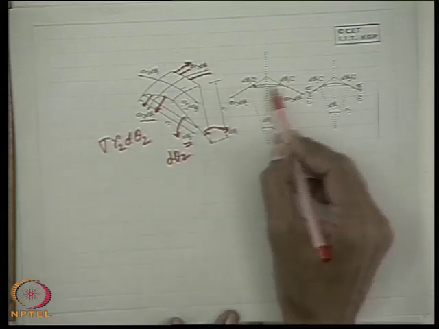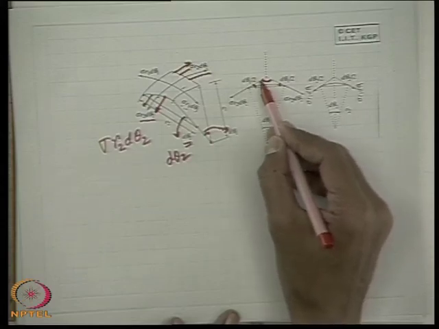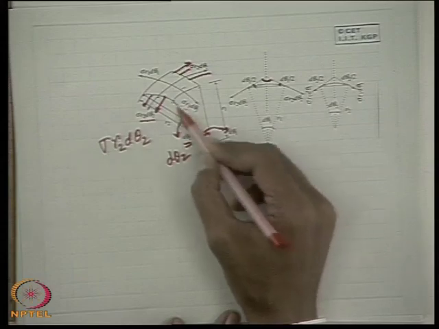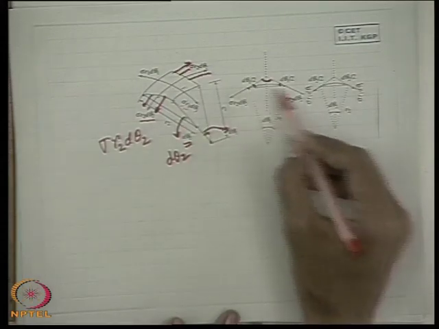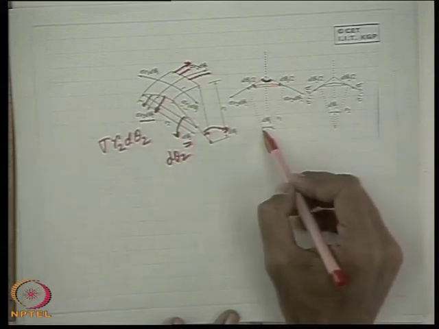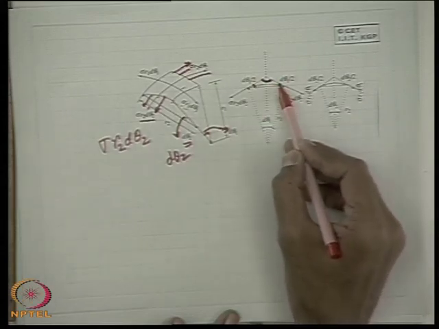Why? Because this angle is 90 degrees, as the tangent and the radius of curvature are perpendicular, so the remaining angle is 180 degrees minus d theta 1, and therefore these angles will be d theta 1 by 2.